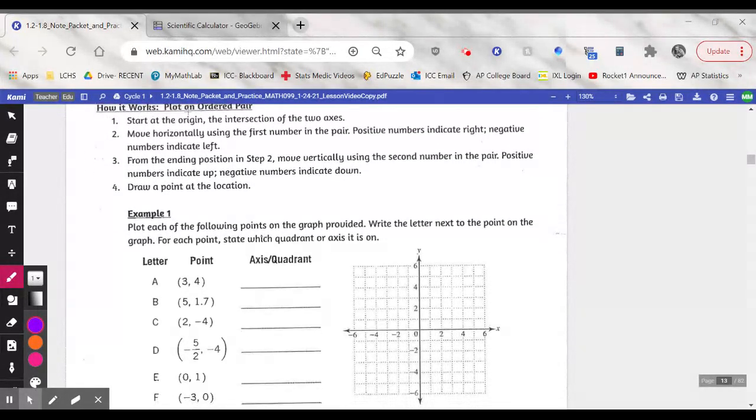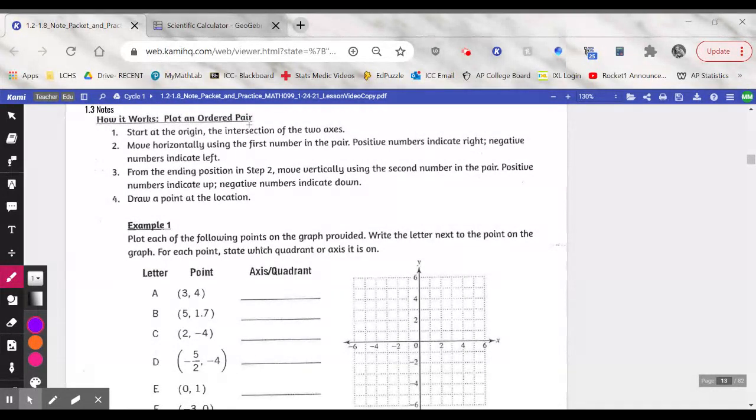So here are the directions on how to plot an ordered pair. You're always going to start at the origin, which is where your x and your y-axis meet. You will first move horizontally, so you'll move to the left or to the right. If your first number in the ordered pair is positive, you will move to the right.